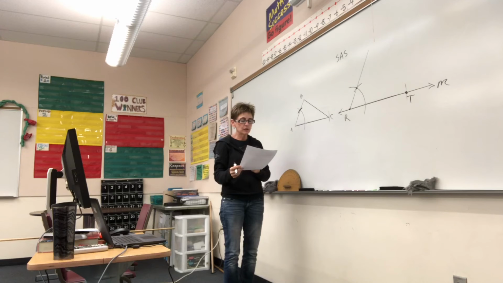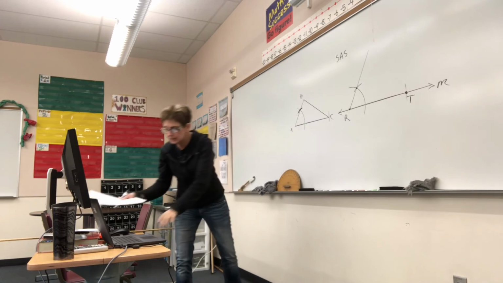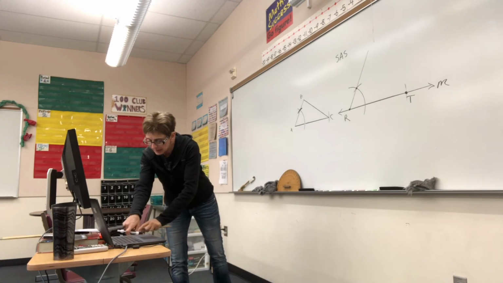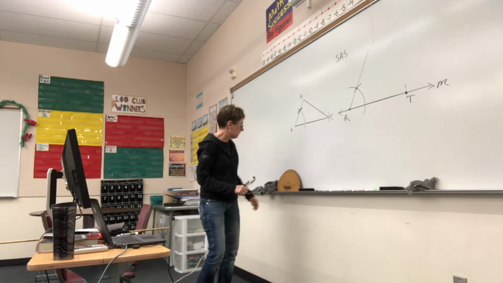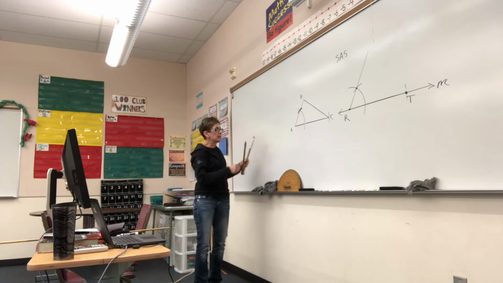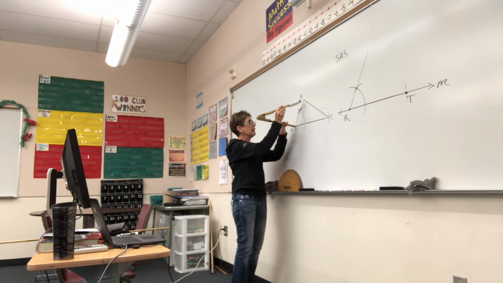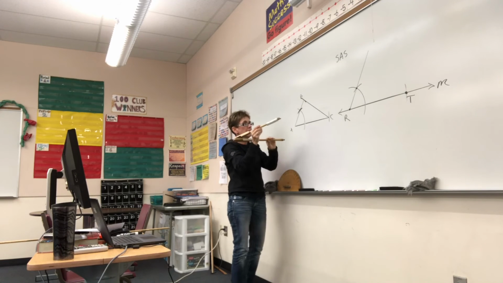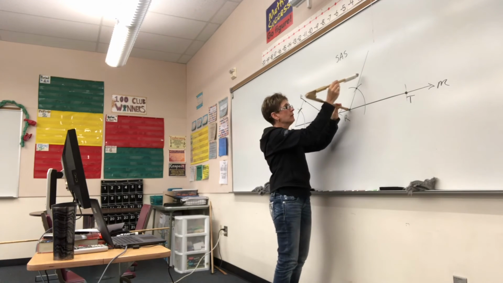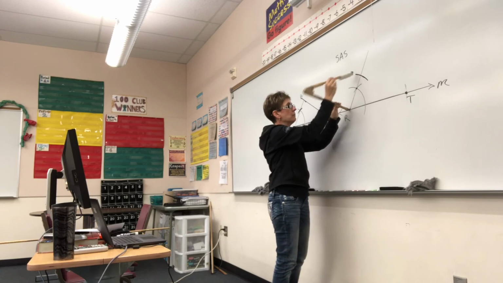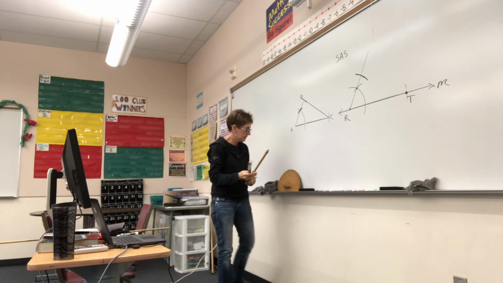Now it says to construct RS congruent to AB. So what that means is I need to measure the length of AB using my compass again. So I'm going to put my tip on A and put an arc here on B. Again, I need to show that marking. And then I'm gonna put my tip on R and mark off the same length.